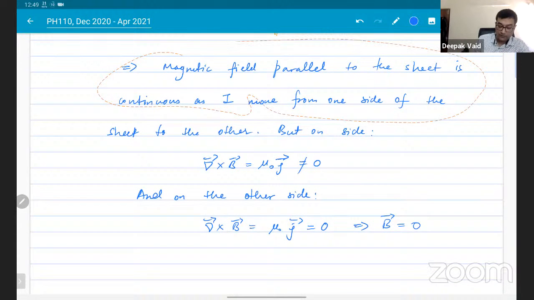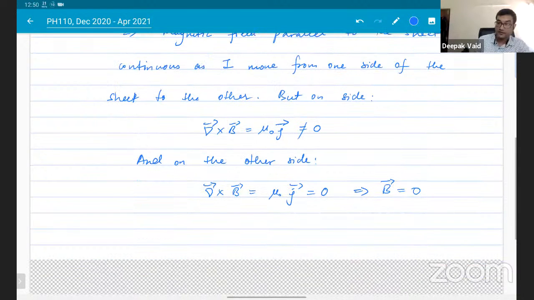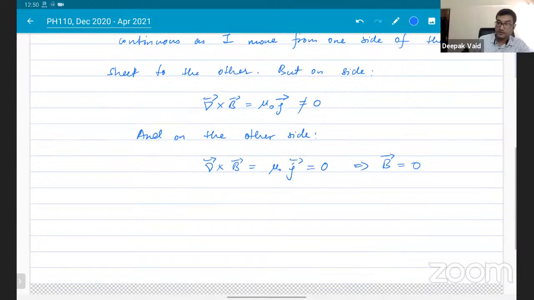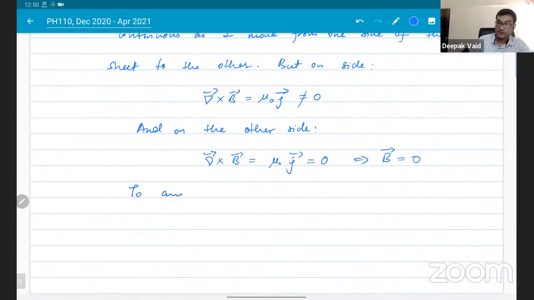No, because I know that the magnetic field is continuous as I move from one side to the other. So if I don't want a contradiction, I have to put an extra term over here, mu naught J plus extra term.